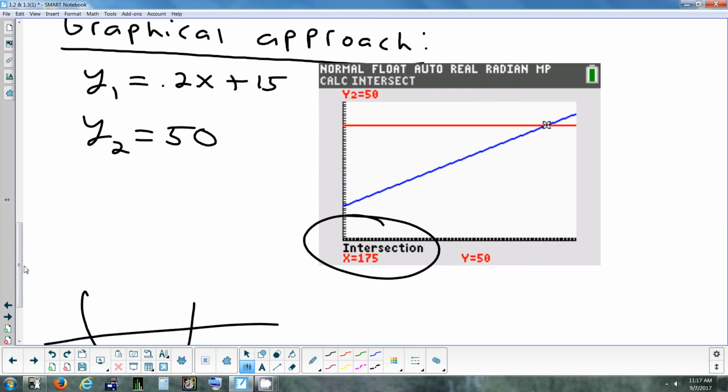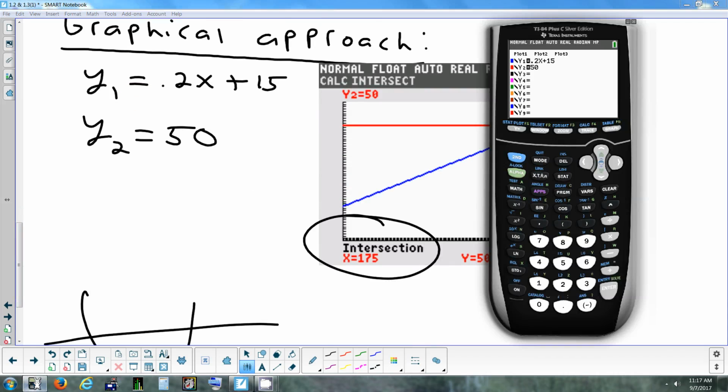You're not seeing it, did you set your window? You say your x min, your x max, your y min, and your y max? Let me take a look. All right, so you should have 0.2x plus 15.